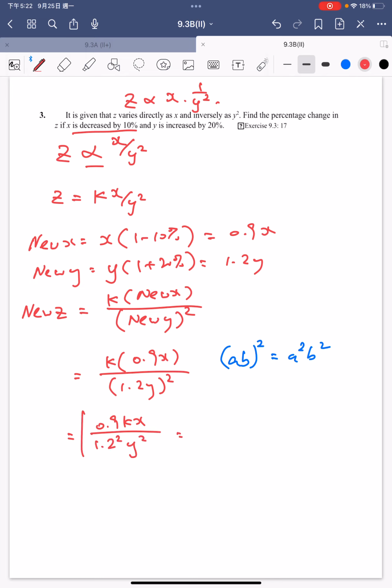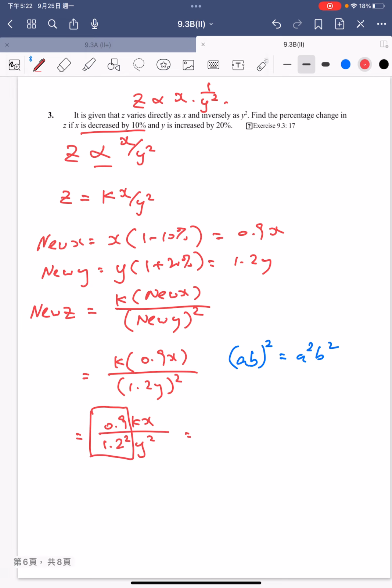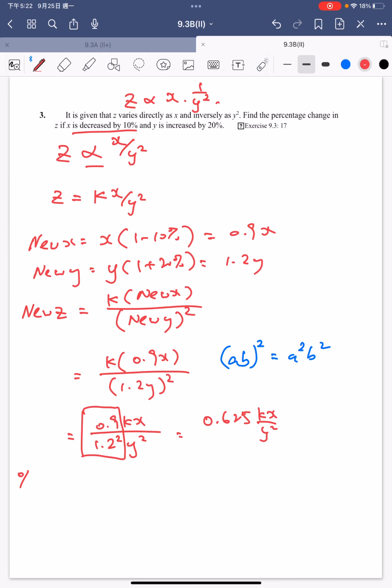Then using the calculator to calculate 0.9 divided by 1.2 squared, you get 0.625 kx over y squared.